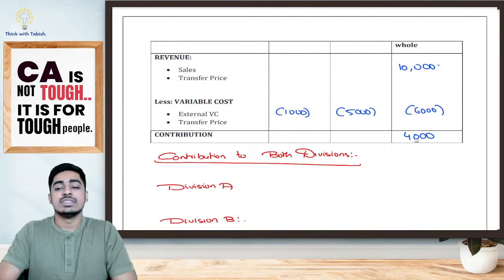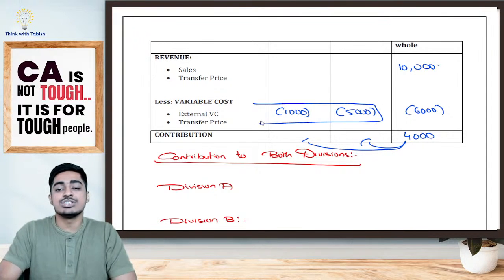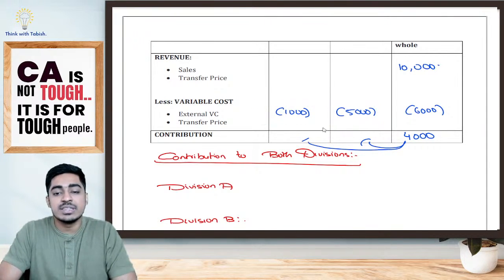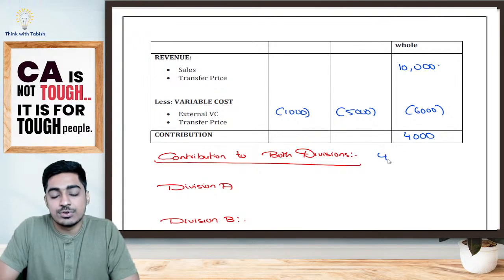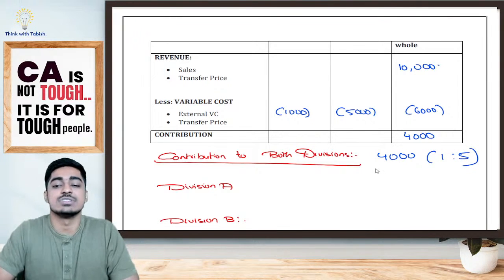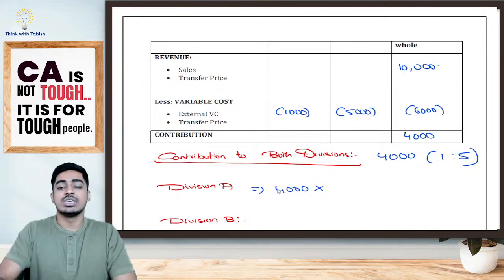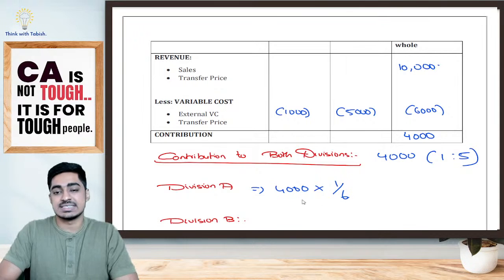Now we distribute this 4000 contribution to division A and B. So how do we distribute? We distribute in the variable cost ratio. We distribute 4000 in the ratio of 1000 to 5000, that is 1 to 5. Division A will say 4000 is the total contribution of the company, your portion is 1 by 6.